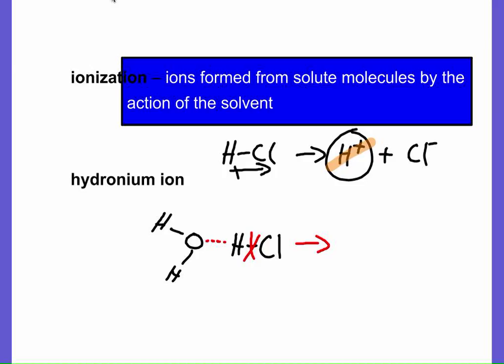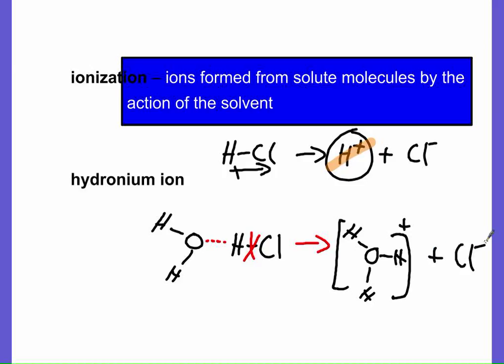You're ultimately going to make this molecule here with 3 hydrogens that actually has a +1 charge overall that's going to be called my hydronium ion. And then I'm going to have a chloride ion that's separate from that. That's the real reaction. That's what actually happens. That hydrogen is taken from the chlorine by a water molecule to form that hydronium ion.